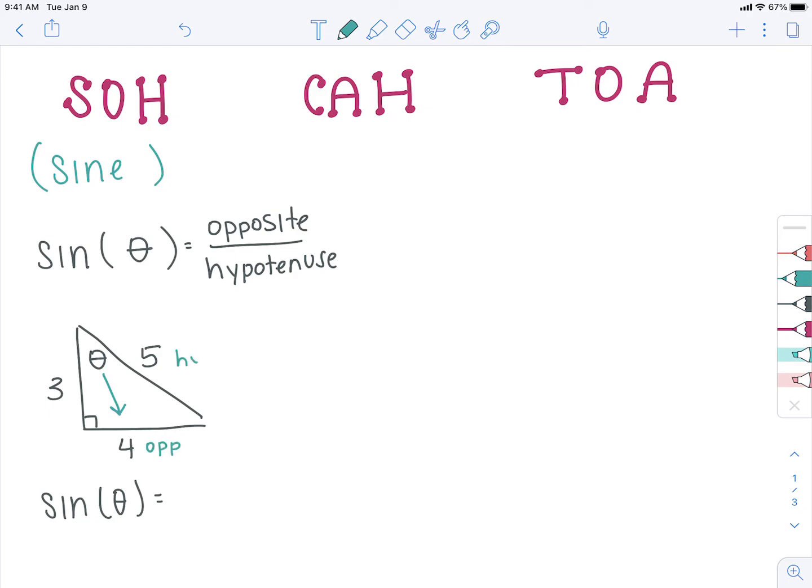My hypotenuse is always opposite my 90 degrees, which means this one's my adjacent. So if I want my sine, all I would say is that it is 4 over 5. So in this situation, the sine of the angle is 4 over 5.